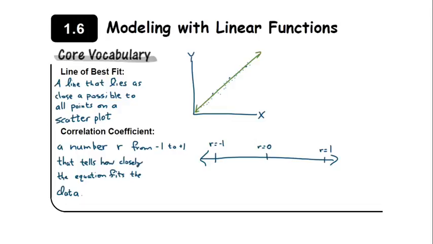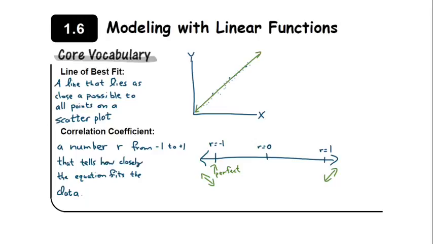Obviously, the -1 is in the negative direction, has a negative slope, so that would be a line that looks like this, goes up and to the left. The +1 would be a line that goes like that. It's got a positive slope to it. All right, and to be on the ones, these are perfect. If you are -1 or +1, you are perfect.